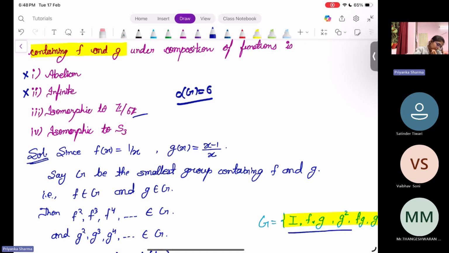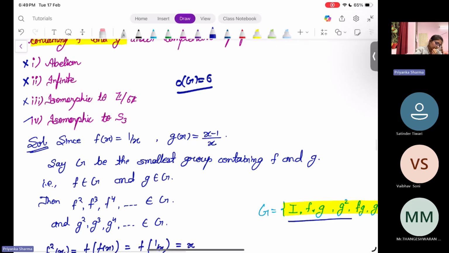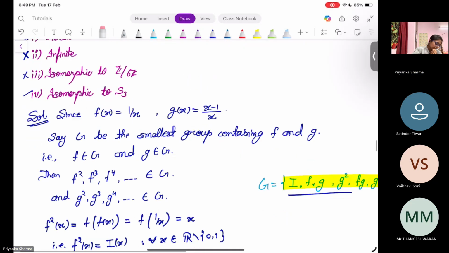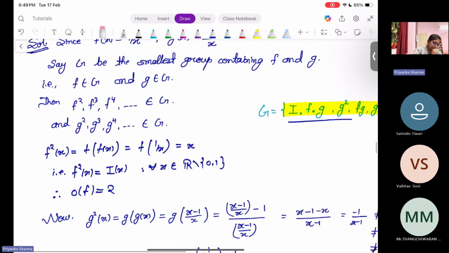But Z over 6Z is an abelian group. So G cannot be isomorphic to this. G is isomorphic to S3, which is a non-abelian group of order 6.